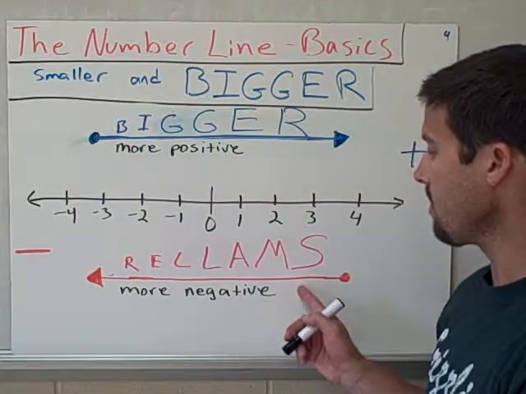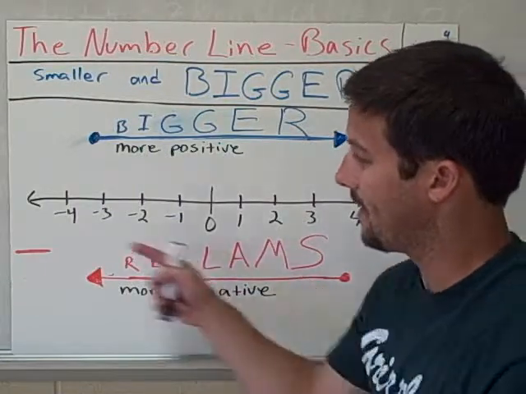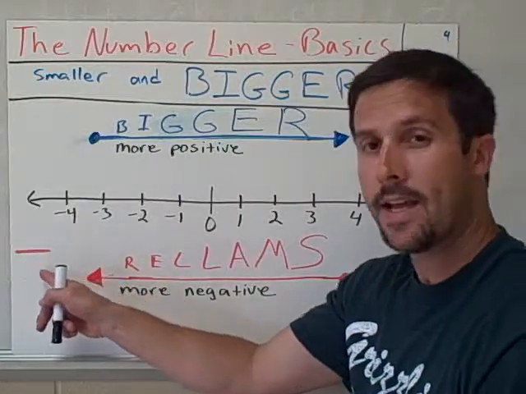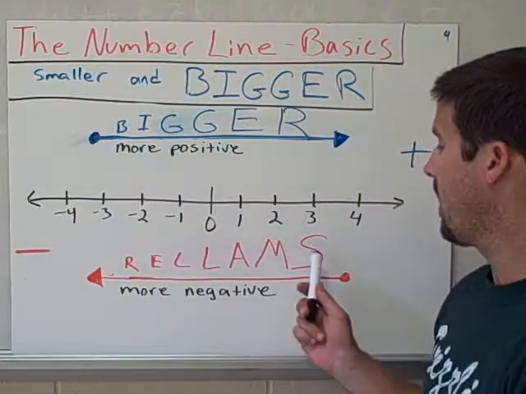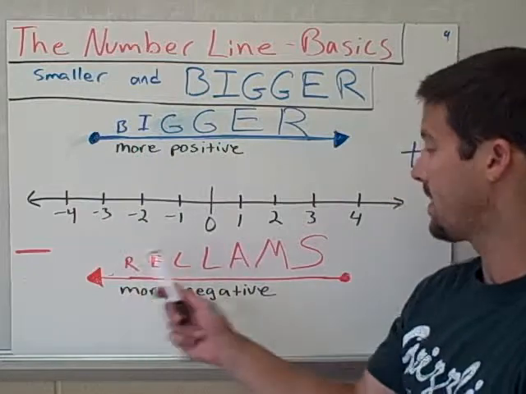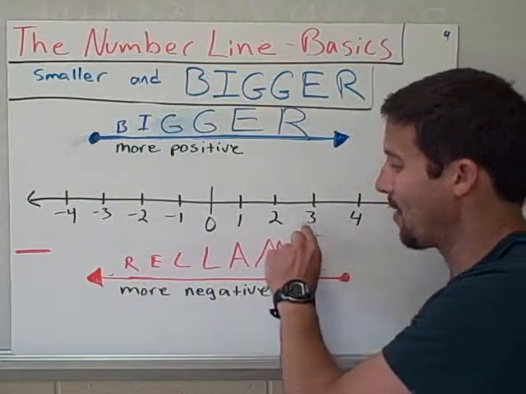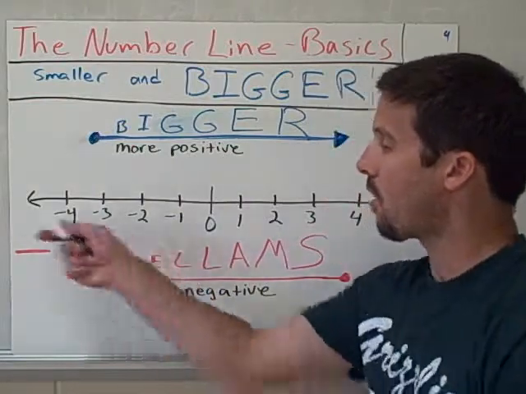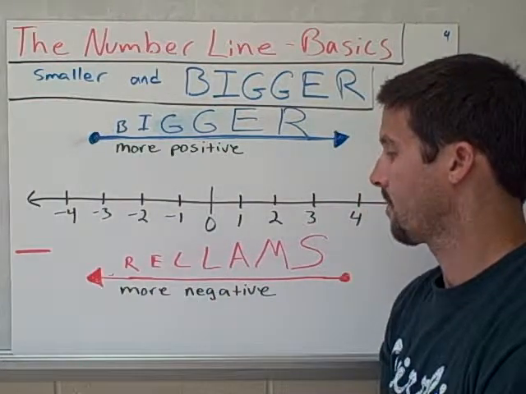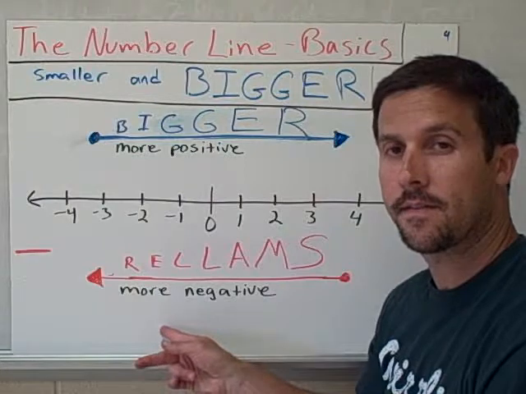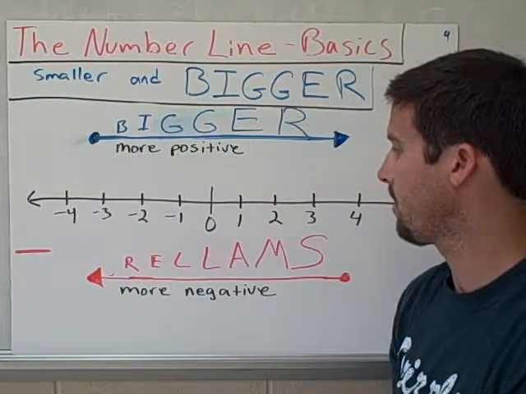Now, if we look at numbers going this way or toward the negative, we say the numbers are getting smaller. And yes, this is smaller spelled backwards, but I just wanted to show you that they get larger here and they get smaller going this way, or more negative. And let's look at an example.